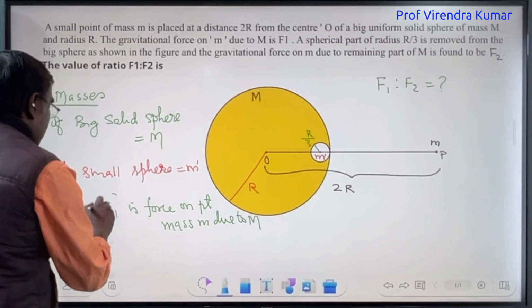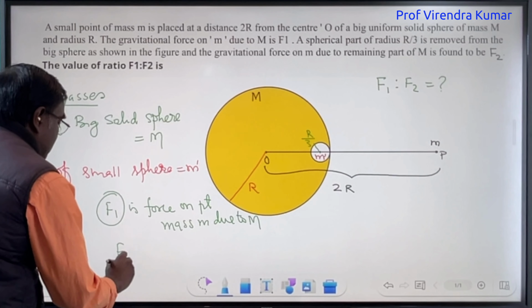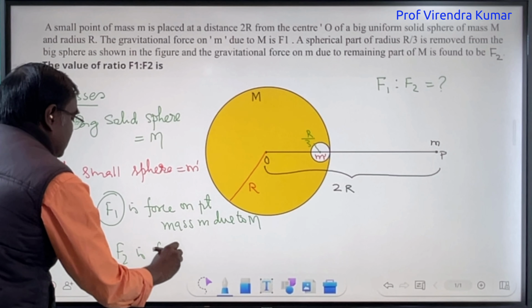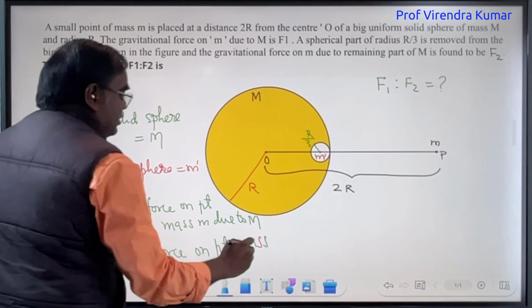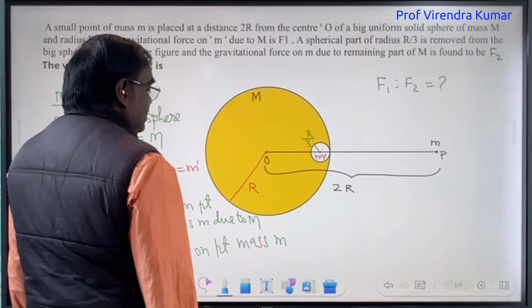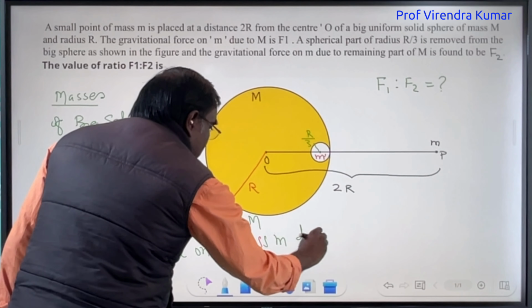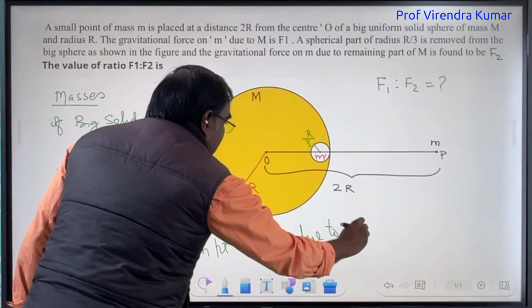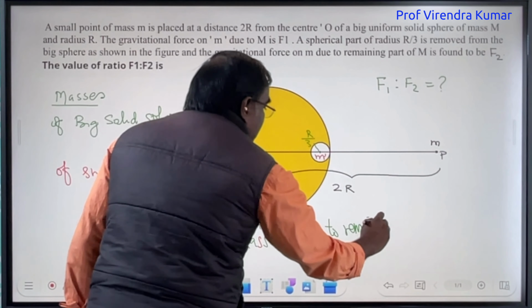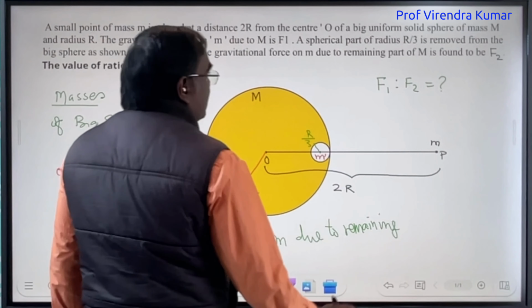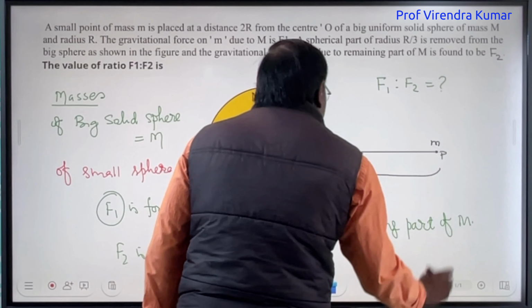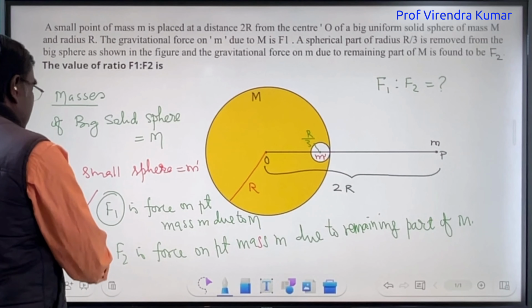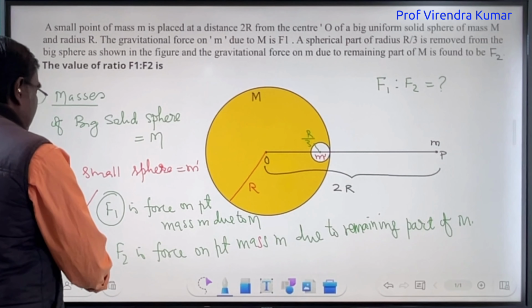This is given, and F2 is the force on point mass m due to the remaining part of the big sphere M. So we are given F1 and F2, and masses are given, radii are given.